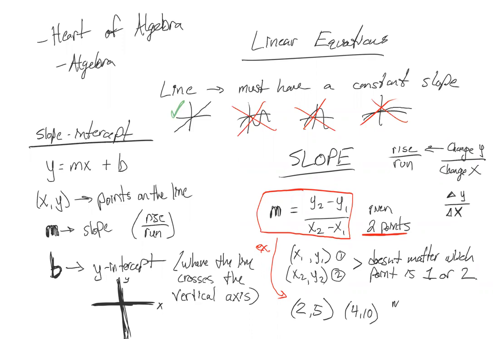If we wanted to calculate the slope, we would go m is equal to, on top, let's just randomly choose, this is going to be point 1, this is going to be point 2. y2 comes first, the y value of the second point, that's 10, minus the y value of the first point, that's 5, over x2, the x value of the second point, which was 4, minus the x value of the first point, which was 2. When we simplify that, 10 minus 5 is 5, over 4 minus 2 is 2. That slope would be 5 halves, or 5 over 2.